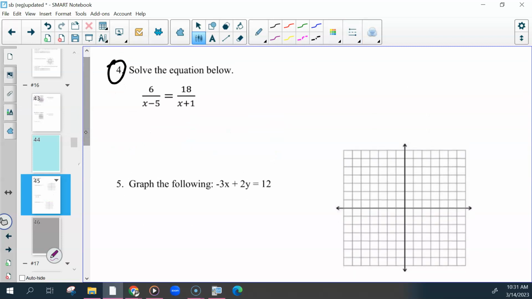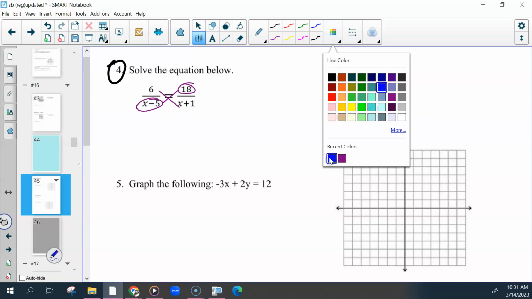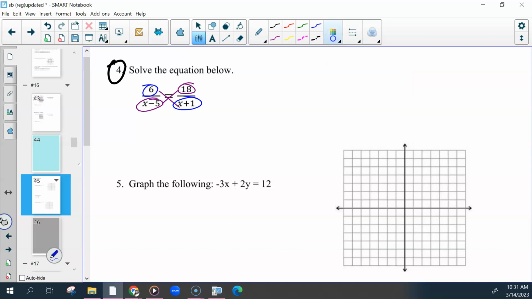And then with number 4, this is something we did at the beginning of the year, solving equations. We have a fraction that equals another fraction, so we're going to cross multiply. Multiply one numerator to the opposite denominator and vice versa.